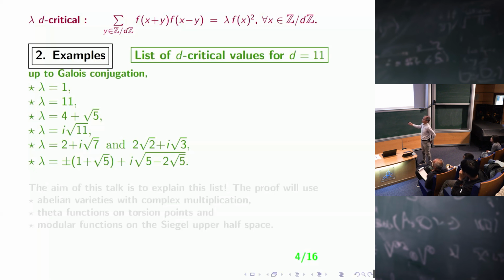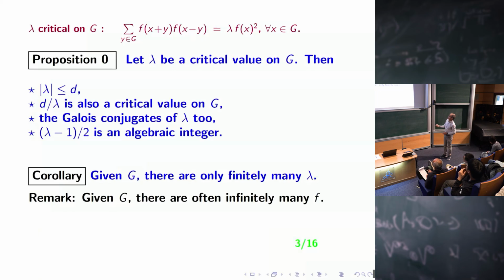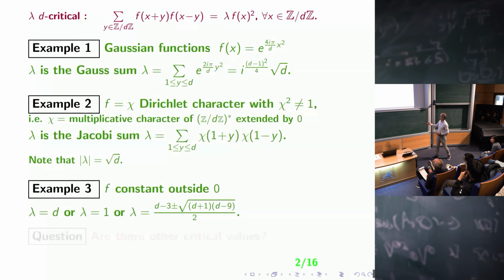This one is a function which has some value at 0 and a constant value outside 0. The third one was given by example 3 in my previous slide. And i square root 11 is this one. Okay.